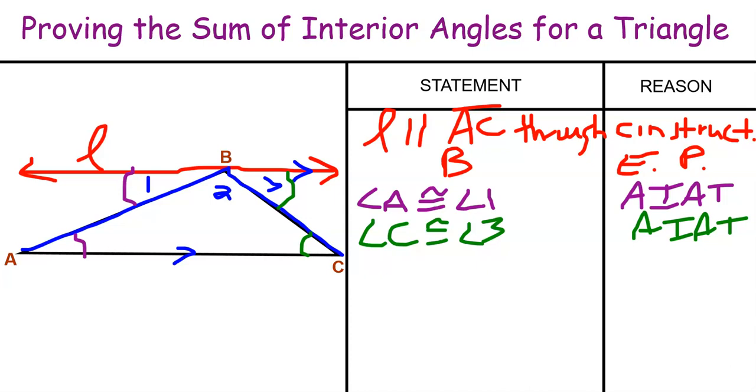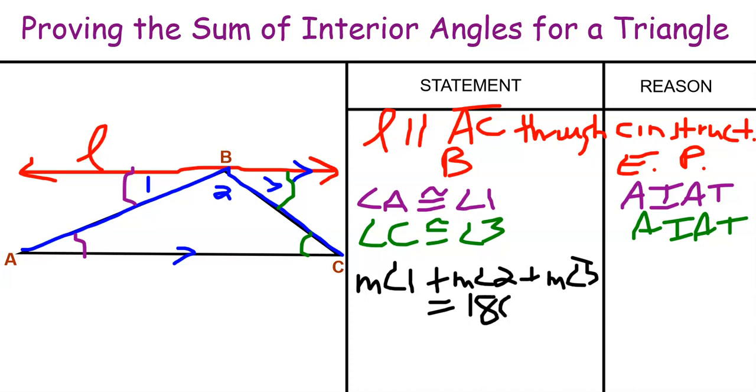The next thing that we see here, because now we can talk about angles A and C, is that angle 1, angle 2, and angle 3 all form the line L, which means that the measure of angle 1 plus the measure of angle 2 plus the measure of angle 3 is 180 degrees because they form a straight angle.